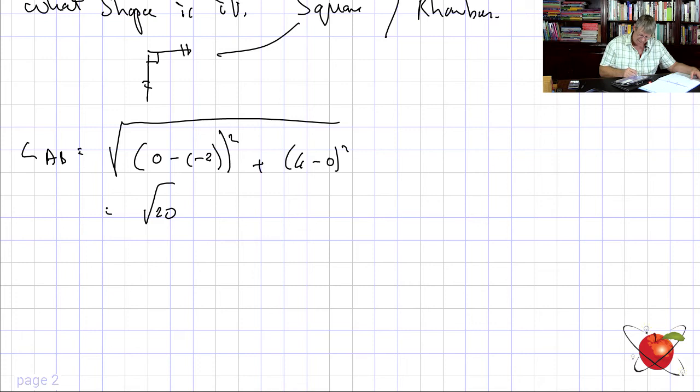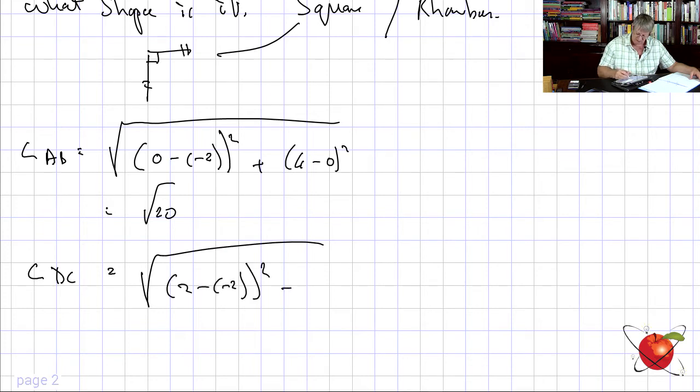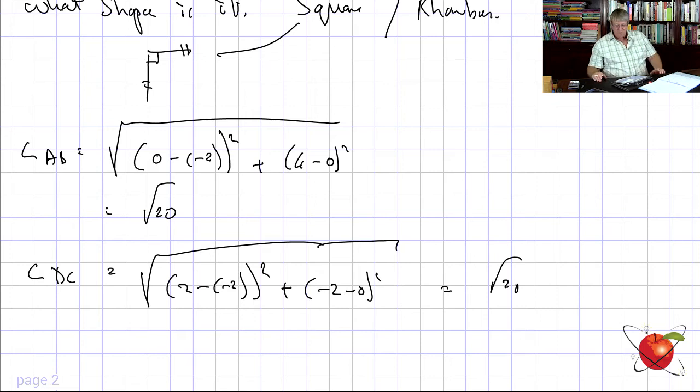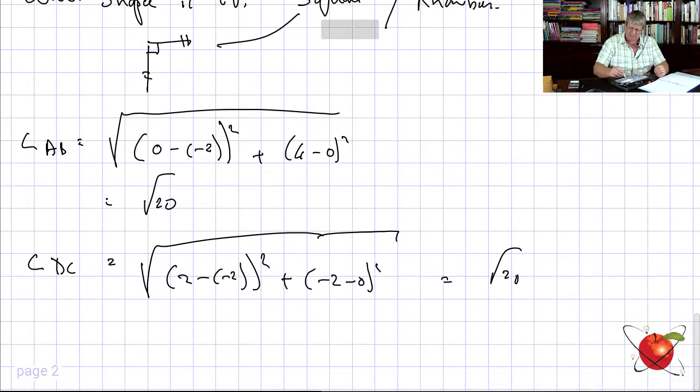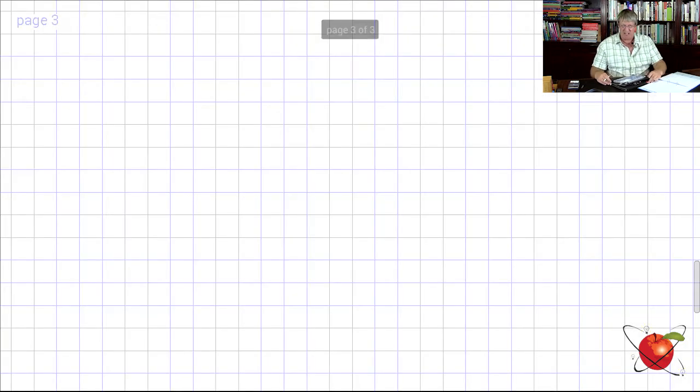The length of DC is the square root of 2 minus 2 squared plus minus 2 minus 0 squared. Comes out to be root 20. And if you work out the other sides, you'll find they're all the same length, which now means we're either a square or a rhombus. The parallelogram is out the door. Well, it's a special case anyway. But if we work out all the other sides, we find that they are exactly the same length.